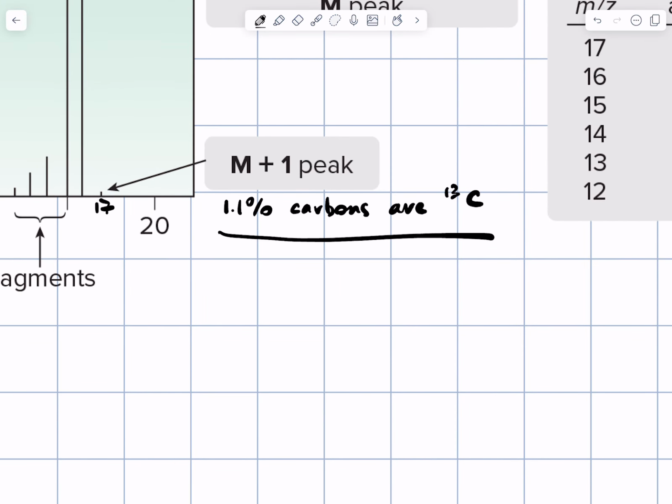Also on this list that could contribute to this peak that's larger than we expect would be deuterium. So that's hydrogen. We've talked about deuterium before. Sometimes I abbreviate that with a D. Only 0.01% of hydrogens are deuterium.